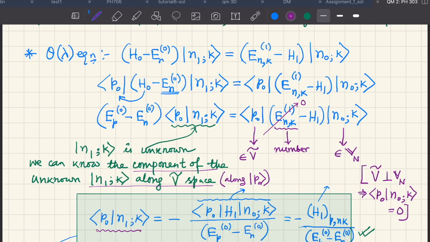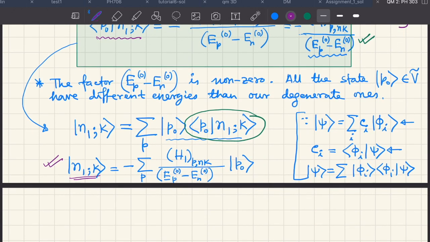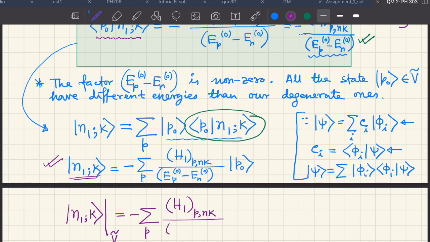So this equation rather should be written as N1K in V tilde is equal to minus sum over P H1 P comma Nk, the matrix element, divided by E P naught minus E N naught, times P naught. So this is what is extremely important here.